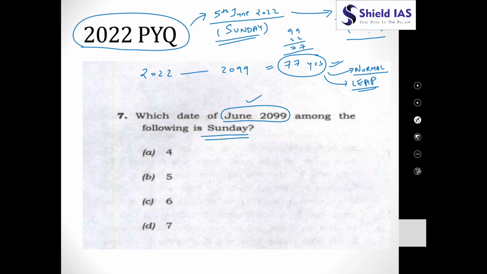Under representation of days. So how do we calculate the number of leap years that are between 2022 till 2099? This is another question. Always check the first leap year that is after 2022. The first leap year after 2022 would come out to be 2024.